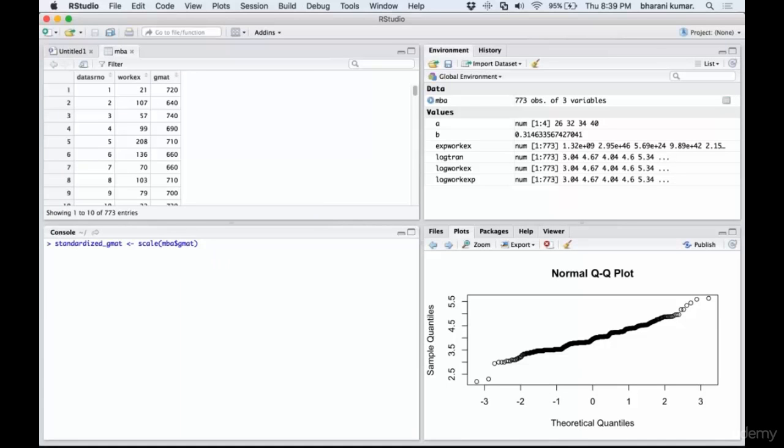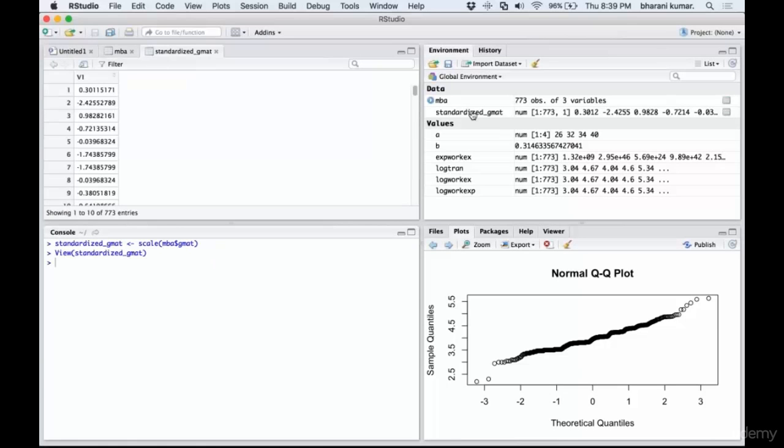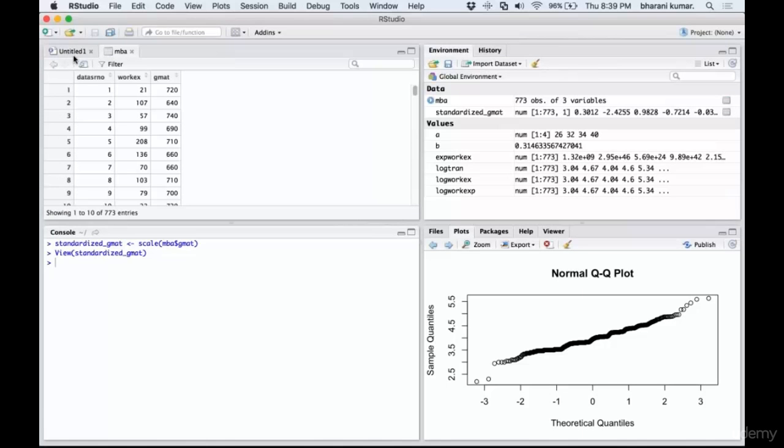Because I have this variable called GMAT in this dataset called MBA. There we go. If I click on this here, it will show you the standardized values. In that way, you can also standardize the entire dataset. Rather than standardizing each column, you can standardize multiple columns in one go. All these things slowly we'll be building upon.